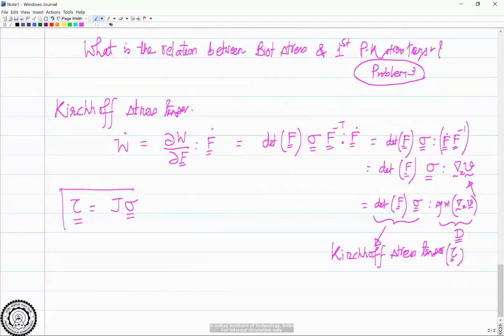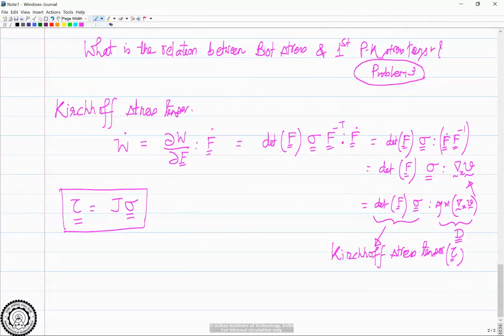Very simple. Okay, and tau is the stress conjugate of D, the symmetric part of the velocity gradient. So these are different forms of stress measures.